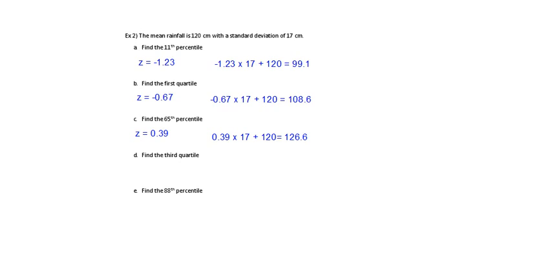All right, third quartile is 75%, and the z-score for 0.7500 is 0.67. But once again, same exact formula. 0.67 times 17 plus 120, that's equal to 131.4.